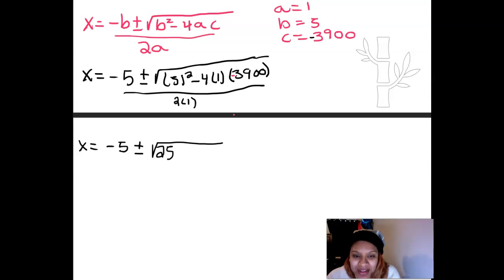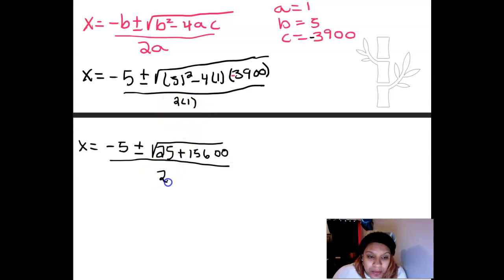Times negative 3,900. You certainly do not want to forget that. Then we're going to add this, plus 15,600. Divided by 2 times 1 is 2. Now we're going to go ahead and add the 25 to that 15,600, just so it looks better in our process of simplifying inside the square root.